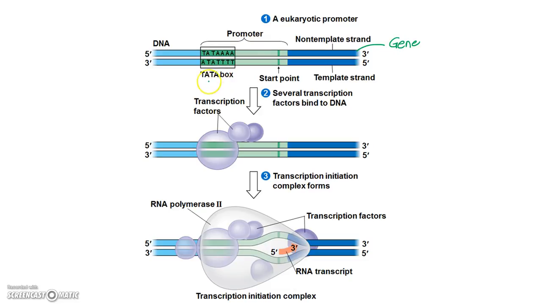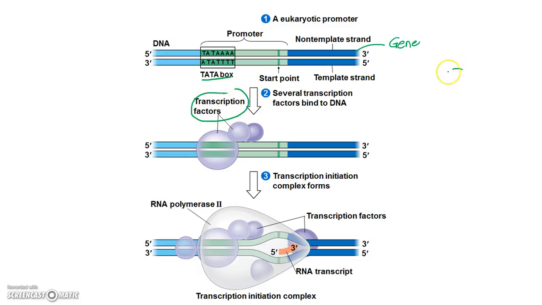All right, the promoter is marked by what's called the TATA box, okay? This is just a series, kind of like it sounds, of T's and A's. And so this is going to basically be sort of a landing spot for all the proteins and factors required to copy a gene. All right, so these things right here, these are transcription factors.